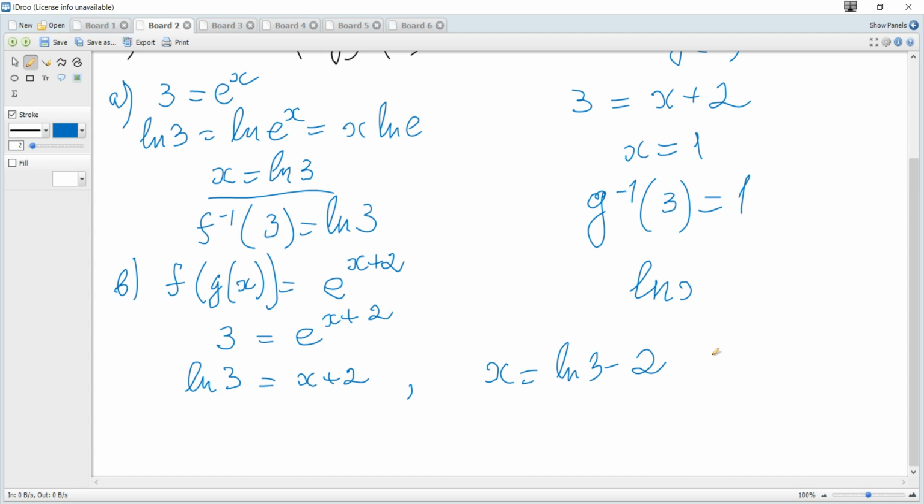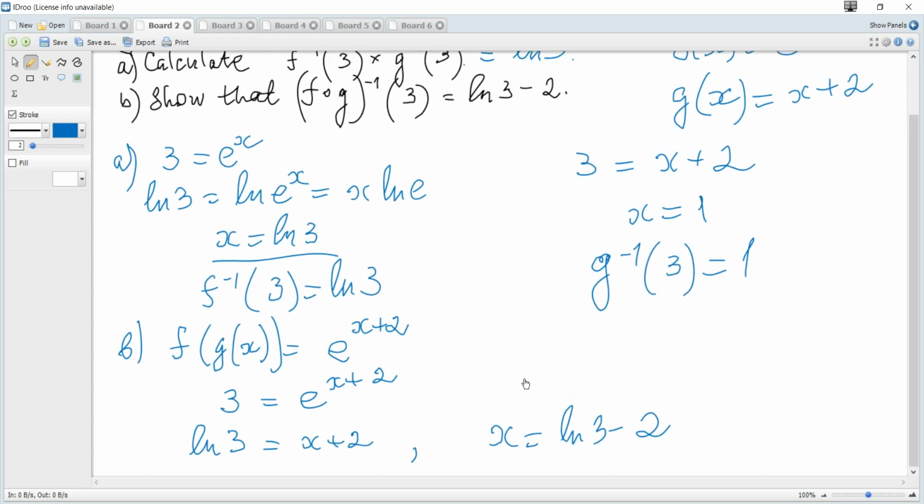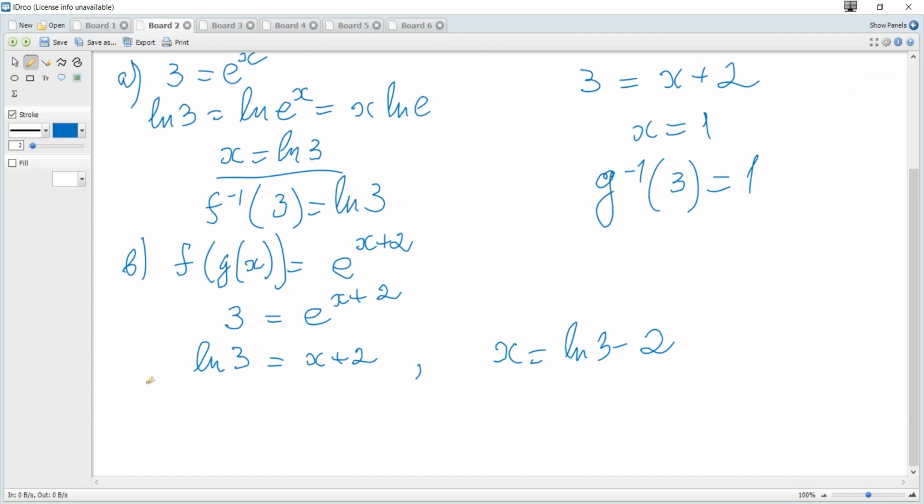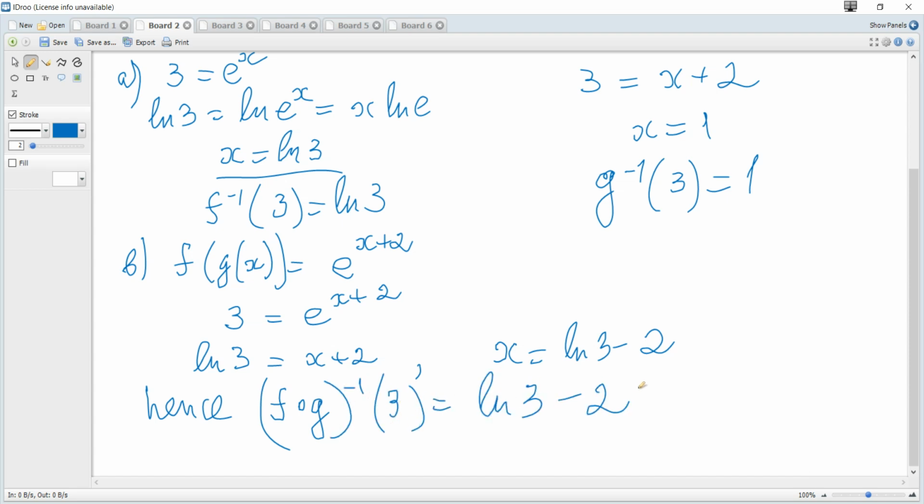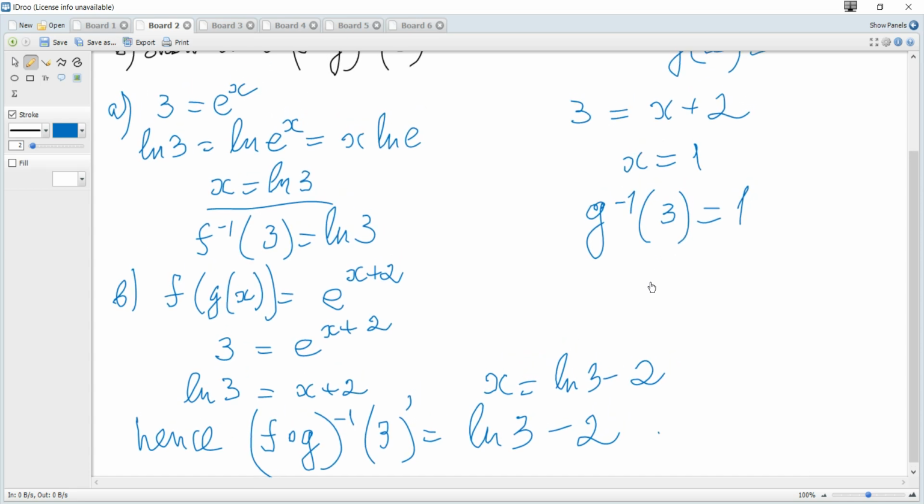So we get the required result. So hence the inverse of f of g at 3 is ln 3 minus 2 as required. And that's all for this question.